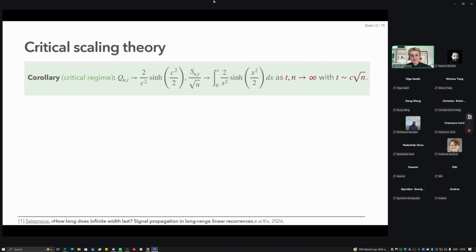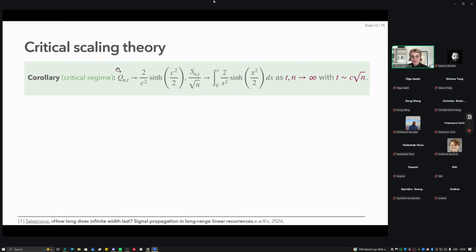In the paper, we also give expressions for how the signal energies behave under all these scaling regimes, like how signal energies grow in each of them. But perhaps the most interesting one is the critical regime, because here we have a non-trivial finite limit for signal energies.